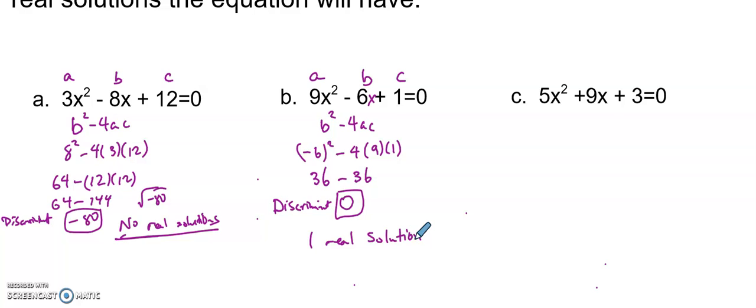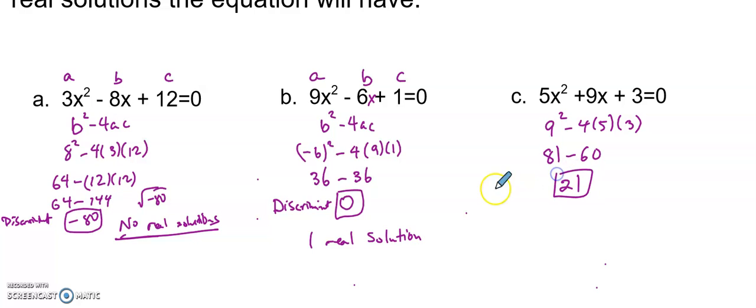Okay, and then lastly, on example C, my discriminant would be 9 squared minus 4 times 5 times 3, which would be 81 minus 60, which is 21. So in this case, my discriminant is 21.